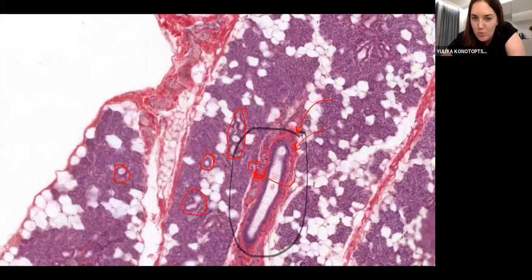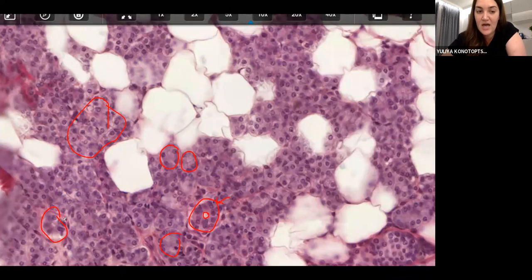But how is the lumen here? Compare this picture. The lumen here is as big as the acinus itself, right? So this is why it has to be striated. Striated ducts have a very big lumen. So those right here are going to be striated. These little tiny ones are intercalated. It's very rare for us to find a good picture of the intercalated duct because they're so small.